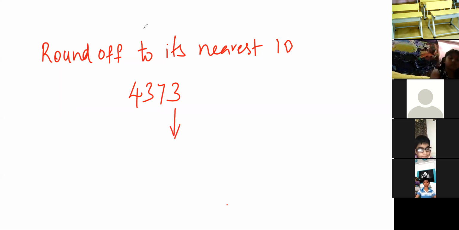Got it? Always the ones place digit must be 0. Why? Because we are choosing the multiples of 10 here. Got it? We are choosing the multiples of 10, but they must be closer to the given number. For that sake, we are choosing the nearest multiples of 10.